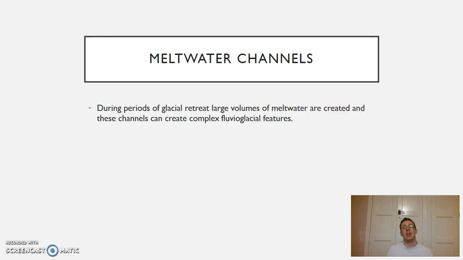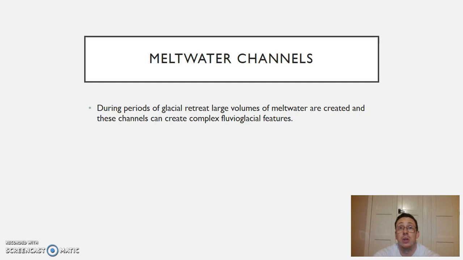Our last one is not strictly speaking an erosional feature, but it can create some stuff that looks very much like erosional features: meltwater channels. When glaciers are retreating, we are creating vast volumes of meltwater.